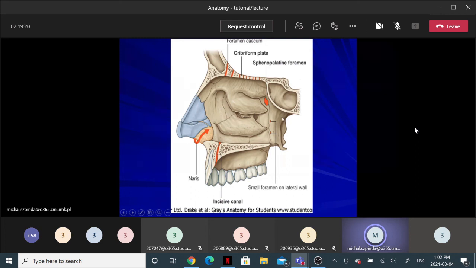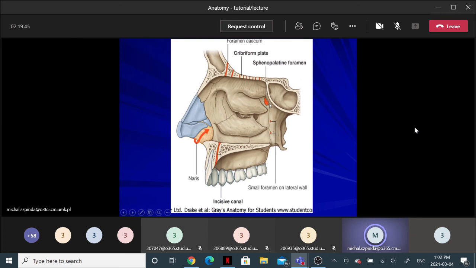If present, it joins the palatovaginal canal, and afterwards, the palatovaginal canal ends on the posterior wall of the pterygopalatine fossa, close to the sphenopalatine foramen.